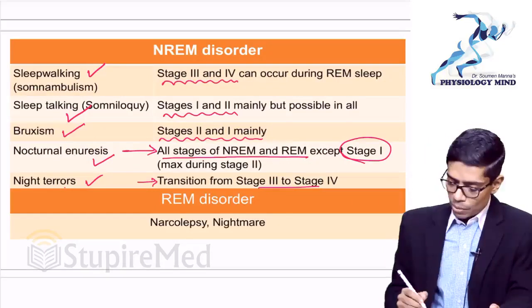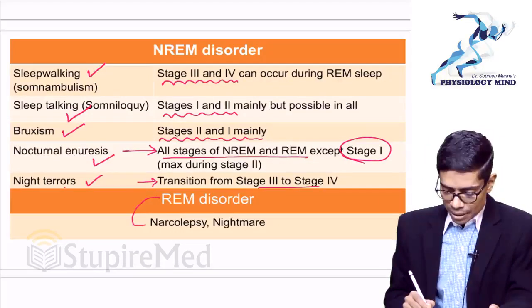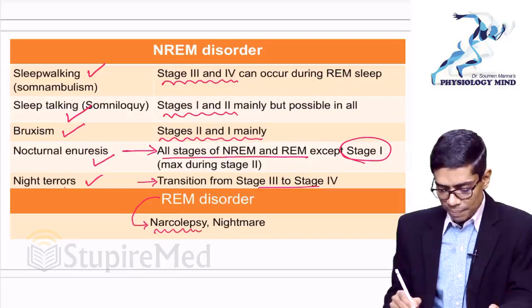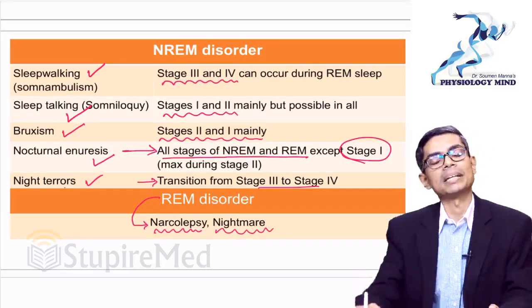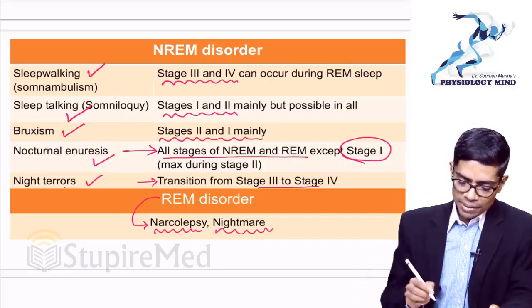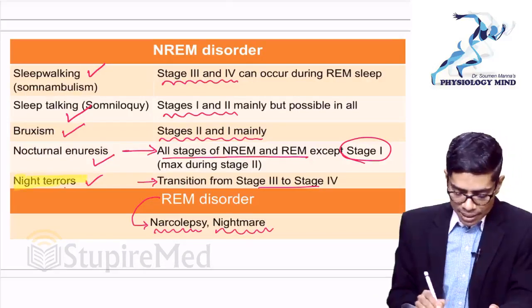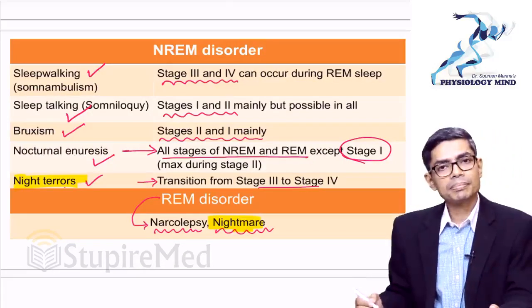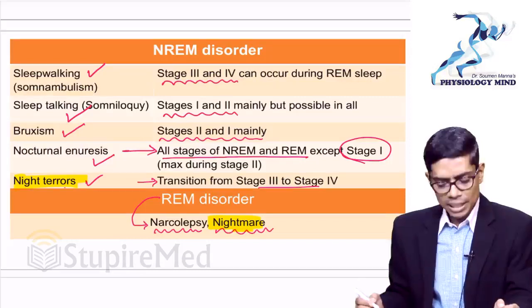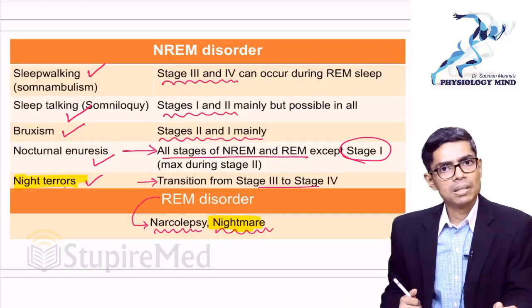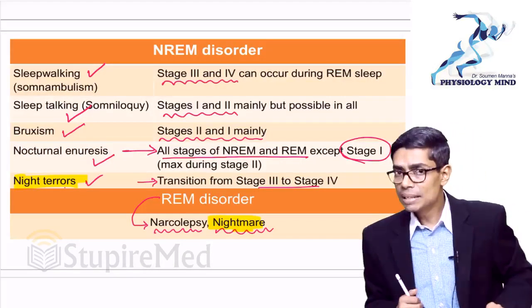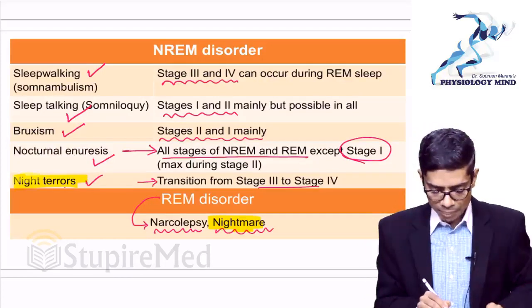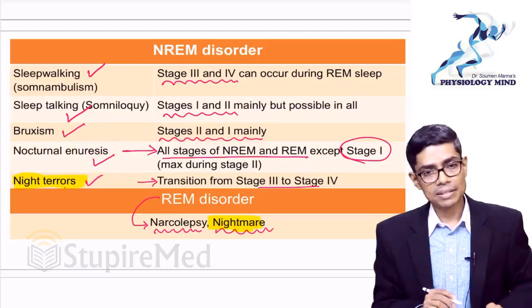On the other hand, what are the disorders of REM sleep? One is narcolepsy and one is nightmare. Now what is the difference between night terror and nightmare? See, nightmares occur in which stage? REM sleep. So that's a kind of recallable dream, and non-REM is the night terror, that is non-recallable.